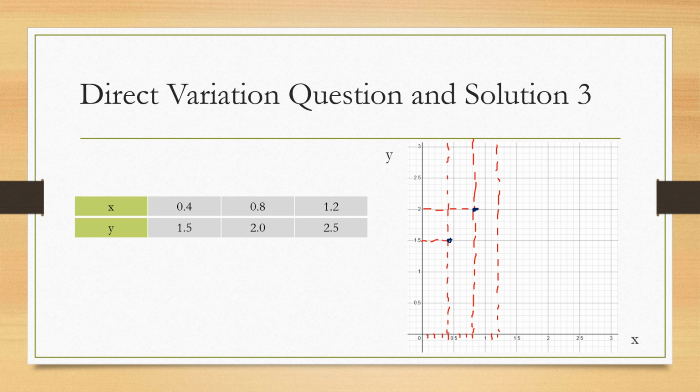And then 2.5. And then to the point. After that, you need to draw a line within the point. As you can see here, it does not touch the origin point, which is 0.